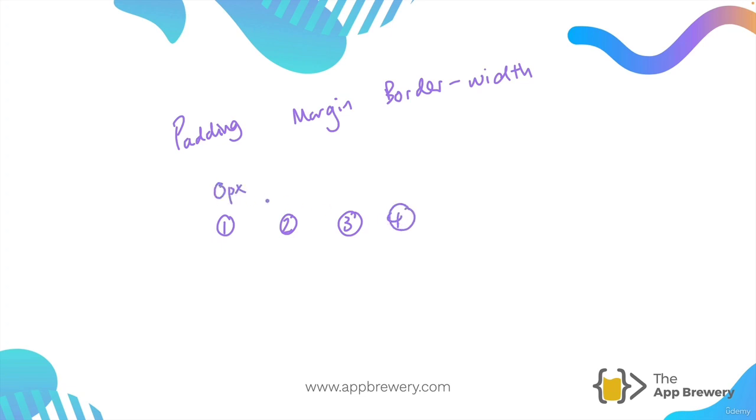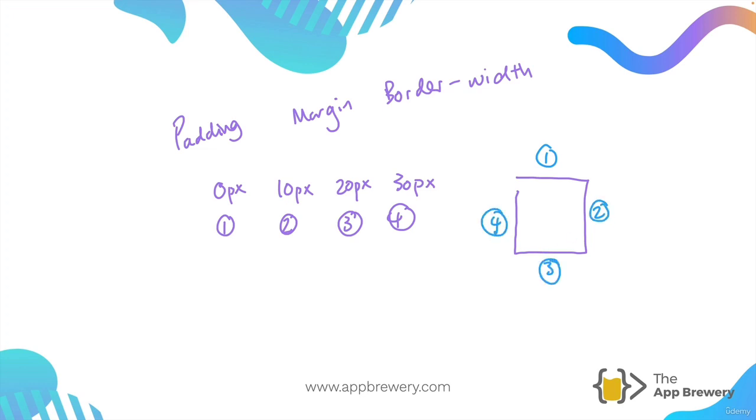And if we provide a different value for each of them, so 0, 10, 20, and 30 pixels, then this will determine how it looks on all 4 sides. And you have to remember that the first value is the top, and it goes around in a clockwise direction.